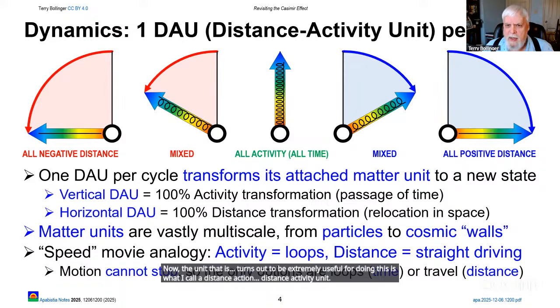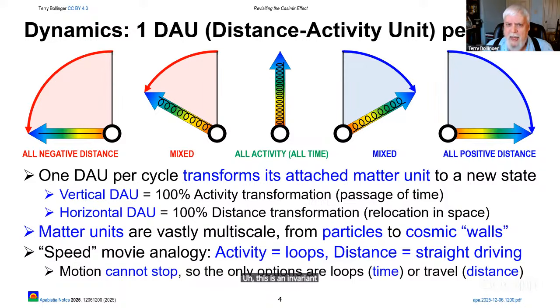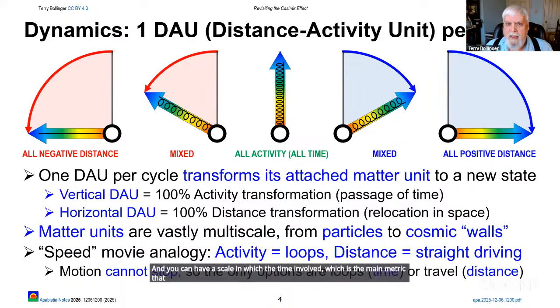This is an invariant arrow that essentially is attached to every unit of matter that you might want to define. The unit of matter can be pretty much any scale. It can be as small as a particle, it can be as large as a galaxy, and you can have a scale in which the time involved, which is the main metric that you use, defines the length of this.